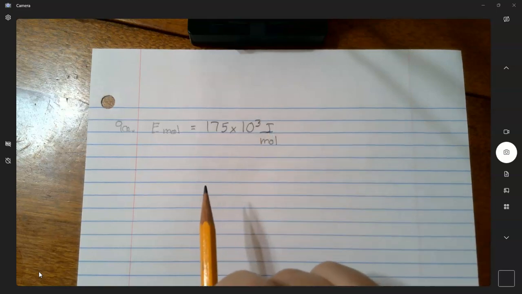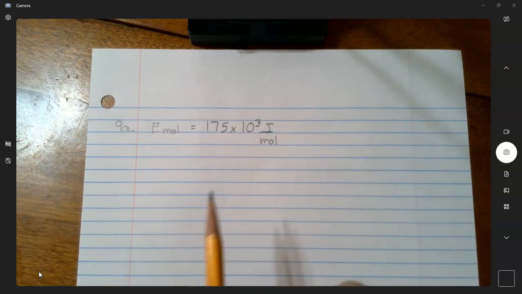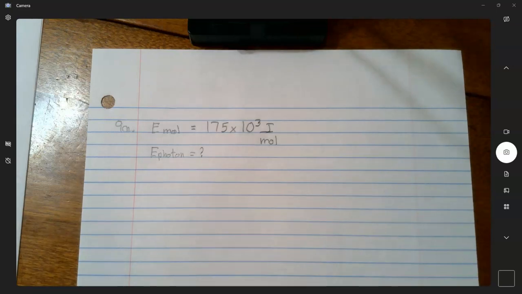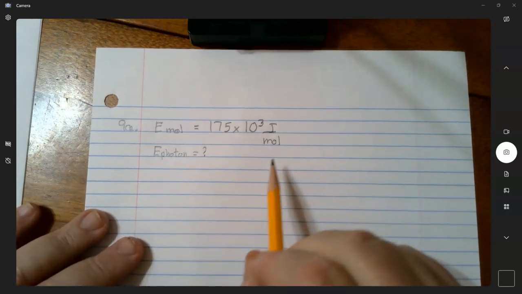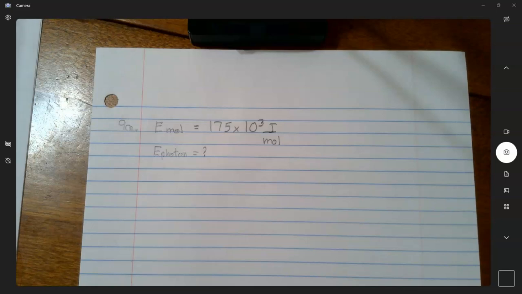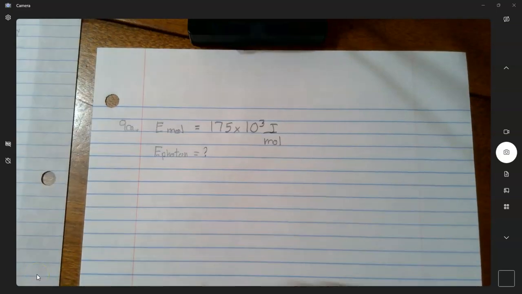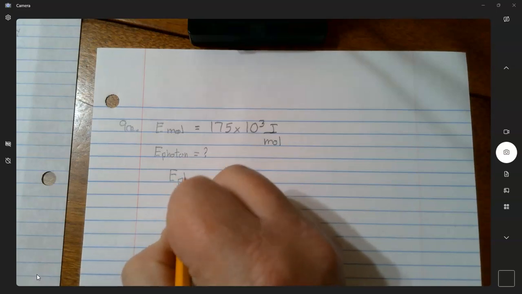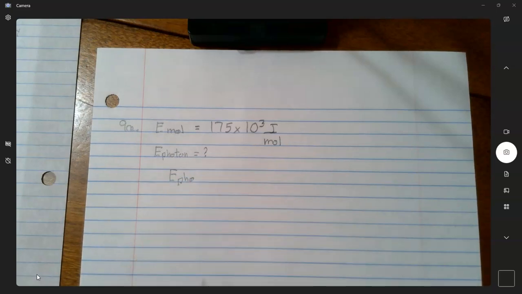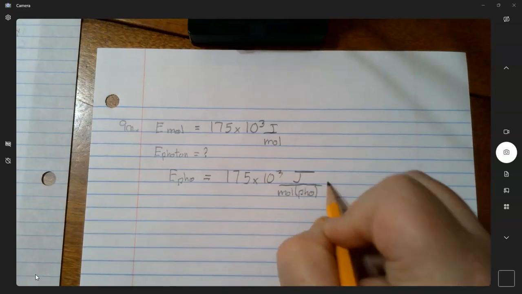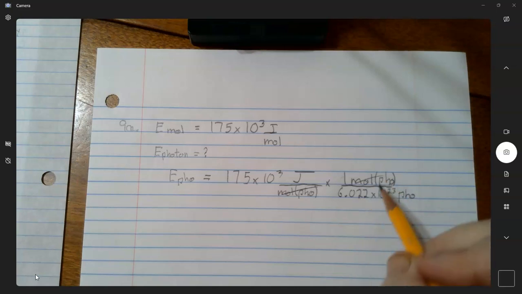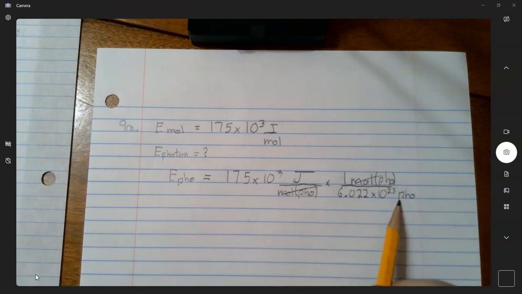And it asks, calculate the energy of 1 photon of red light. Okay. So we're looking for this. So it's just converting, it's reducing it by a mole of photons. Okay, so the energy in 1 photon, just abbreviate that PHO. So moles of photons cancels and cancels. You end up with joules per photon.